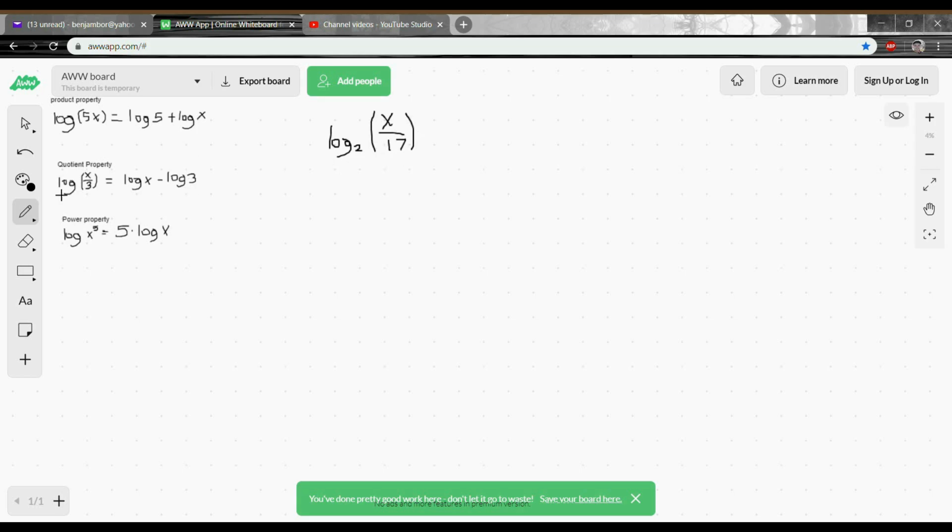If we look over here to our properties, we see that we can apply the quotient property to expand this into 2 logarithms. So the way we do that is we take the logarithm of the numerator and subtract the logarithm of the denominator, 17. So that's going to equal the logarithm of x minus the logarithm of 17. Now we can do another example.